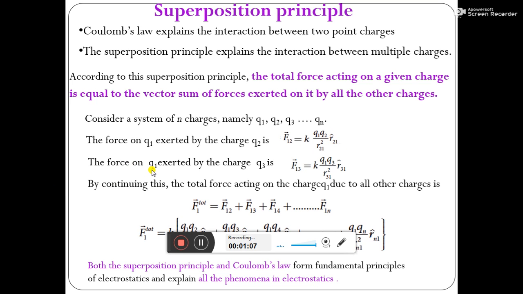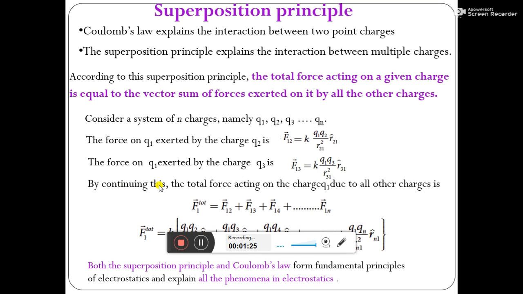The force on Q1 exerted by the charge Q3 is F13, which is equal to K into Q1 Q3 divided by R31 the whole square multiplied by the unit vector R31.